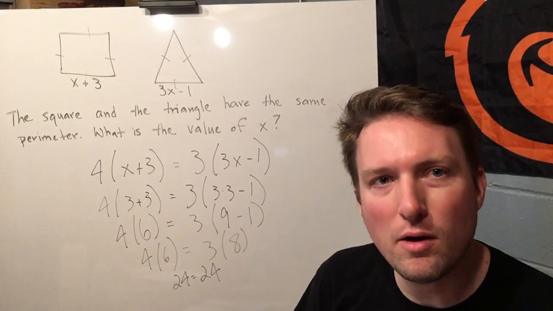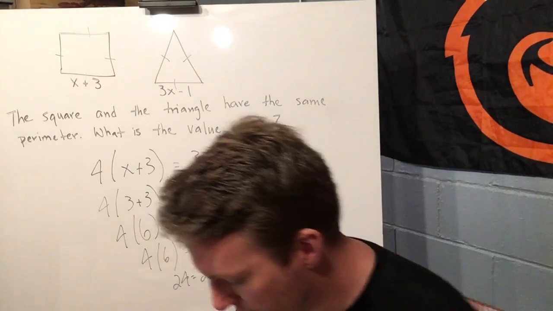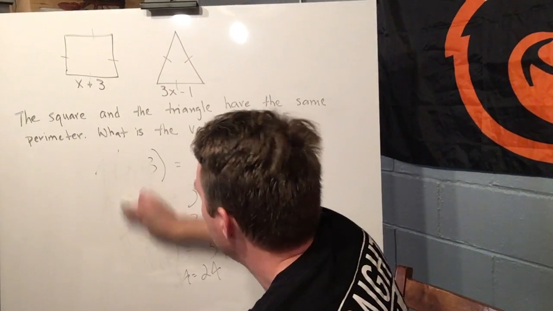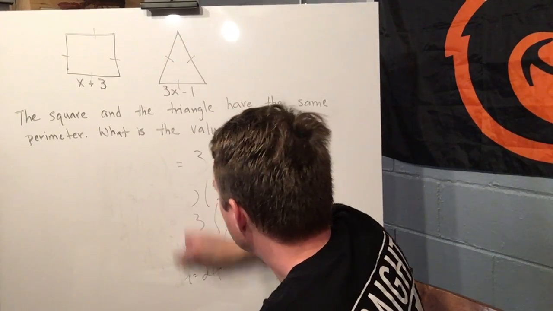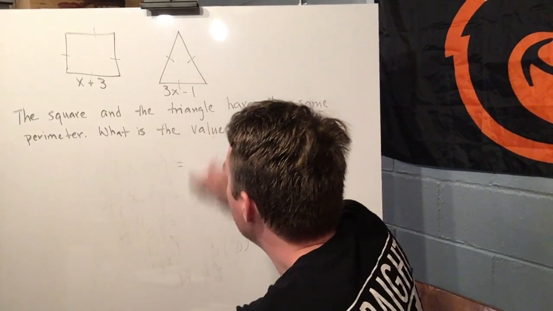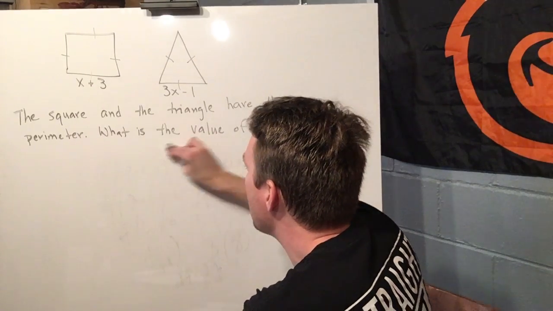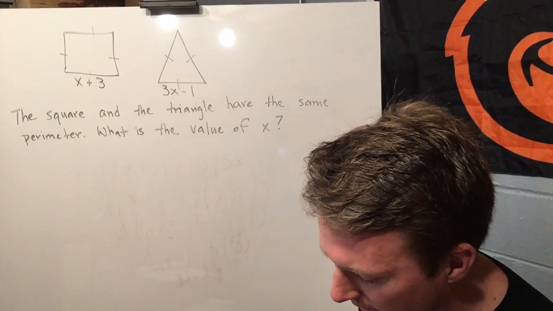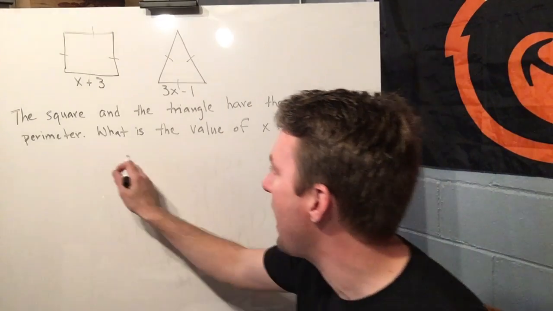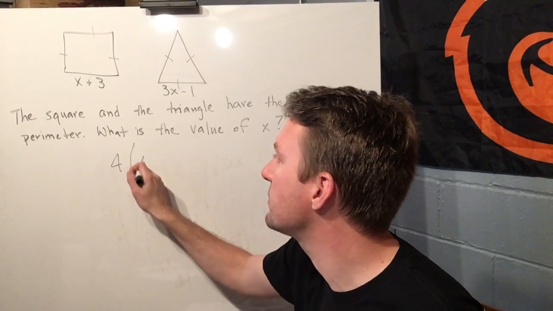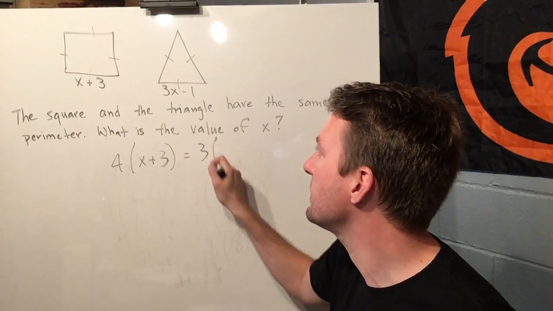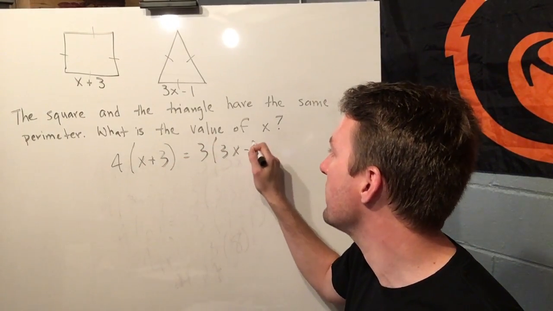Now, we can also use the distributive property to represent the same equation. We transform 4 times (x plus 3) equals 3 times (3x minus 1).